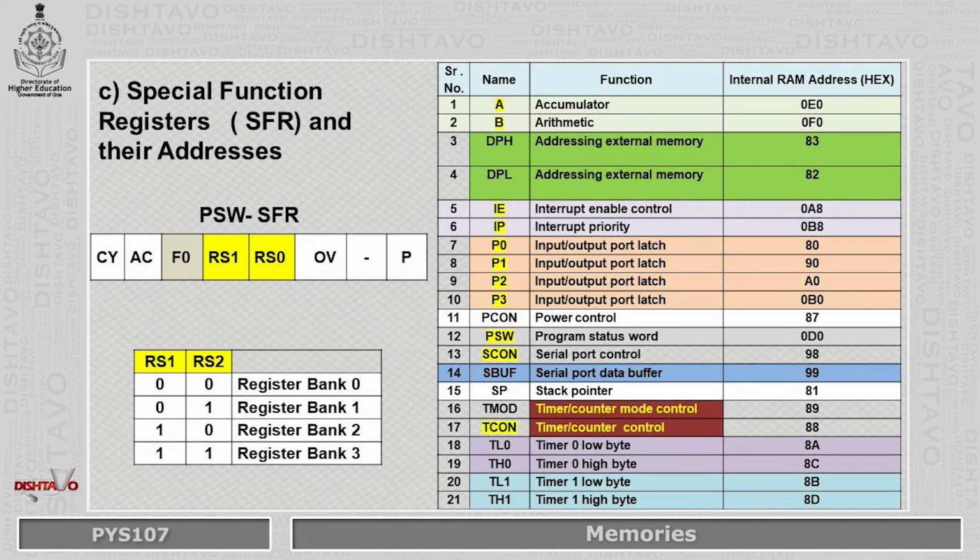The math flags, however, are all affected by math operations. The program status word contains the math flags, user flag F0, and the register select bits RS1 and RS0 that identify which of the 4 general purpose register banks is currently used by the program.